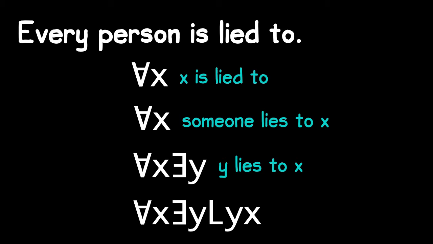Someone lying to x is going to need a quantifier. And it can't be a quantifier for x. We can't say exists x because we've already got a for all x out front. So we say for all x there exists y, where y lies to x. And that, to complete the translation, becomes for all x there exists y, LYX.